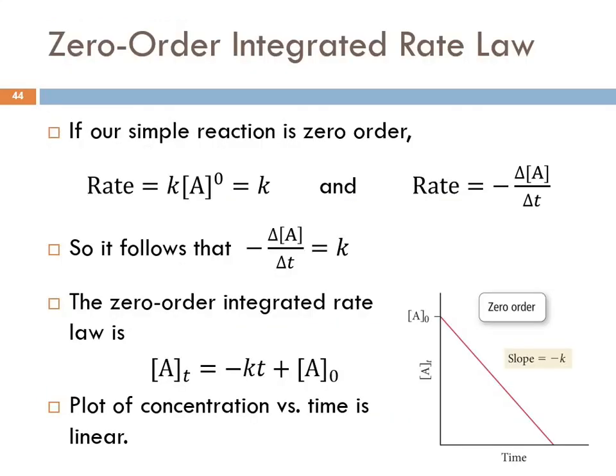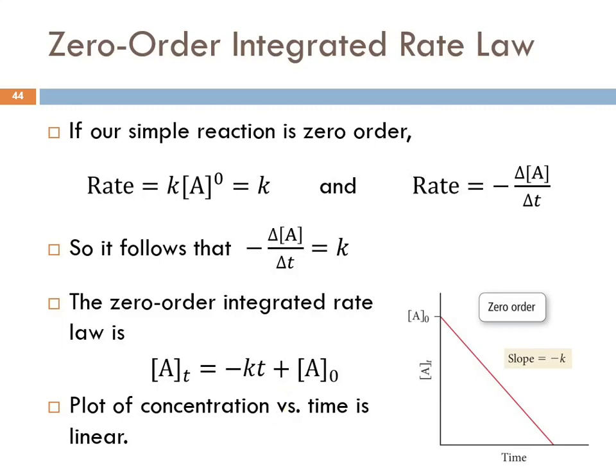What about zero order? We're going to do the same thing. The rate equals k. Again, the rate is negative the change in the reactant concentration divided by the change in time. And so we get negative delta A over delta t equals k. We integrate that, and we end up with the concentration is equal to minus kt plus the initial concentration.